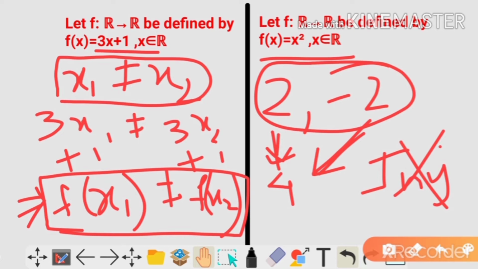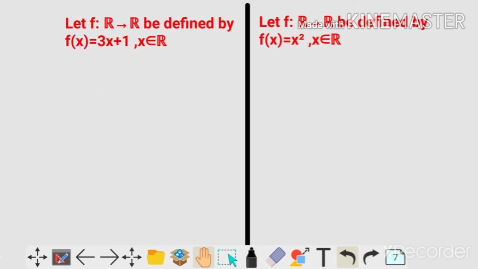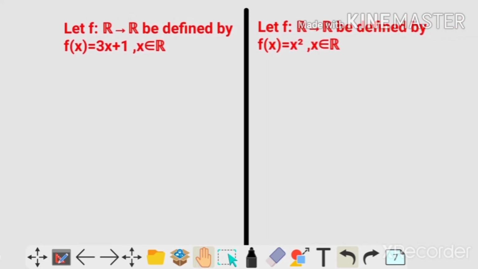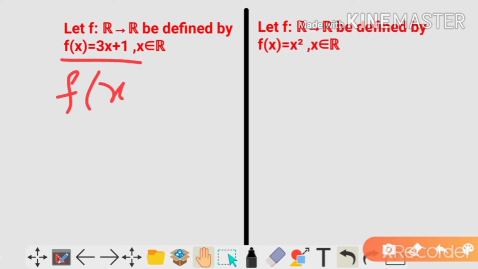Now let's move to the second method of proving an injective function. For this you need to take 2 points from the codomain set. Let f of x1 equal f of x2.